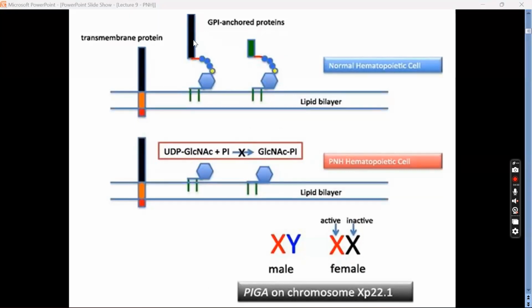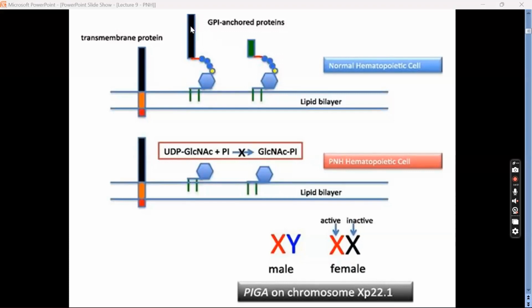This protein is not directly linked to the cell membrane like the transmembrane protein. It is linked by the GPI anchor, which holds the protein to the cell membrane.